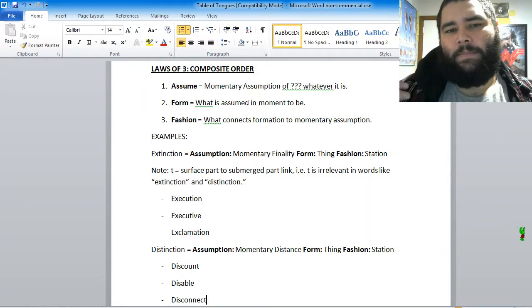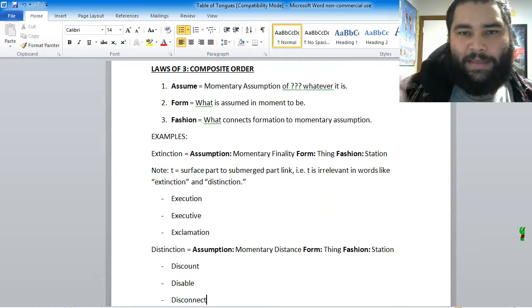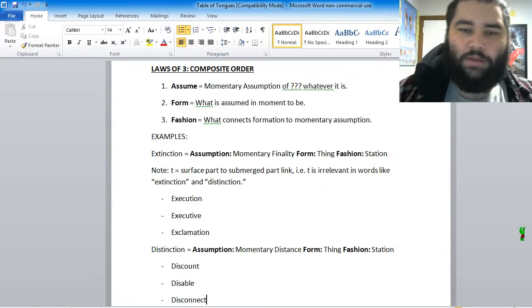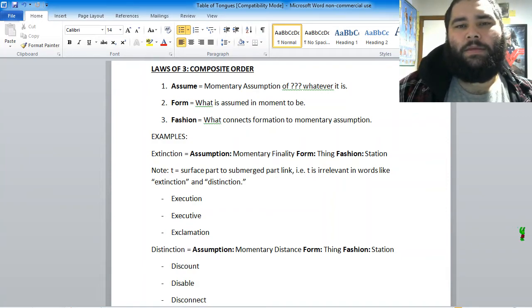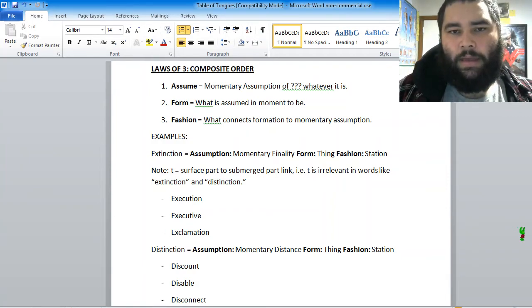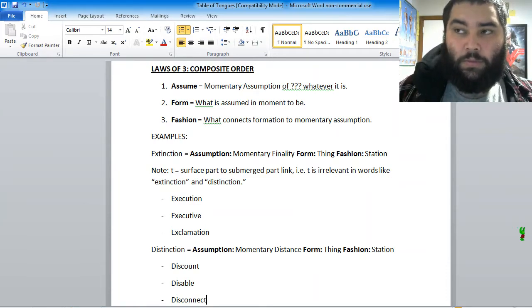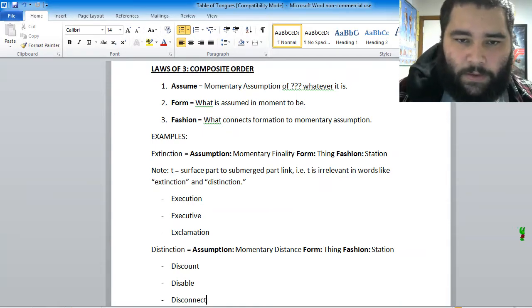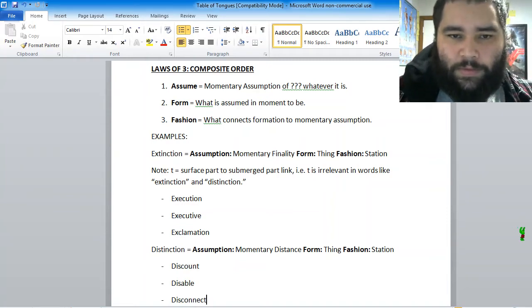Because you're making a composite to understand something that you don't yet understand, to add some sophistication to something that is partially, if not wholly, obscured to your current perception. So, the laws of 3, composite order.